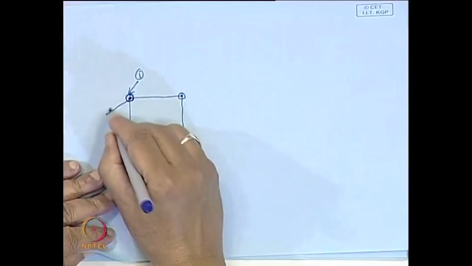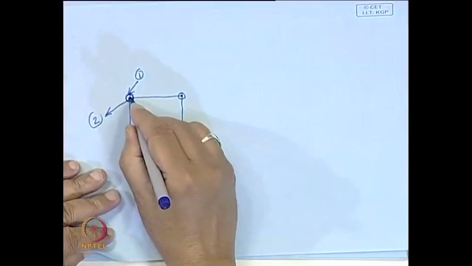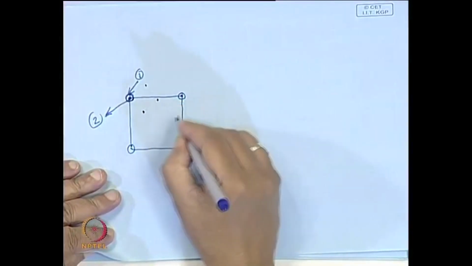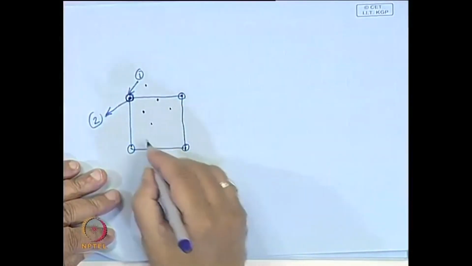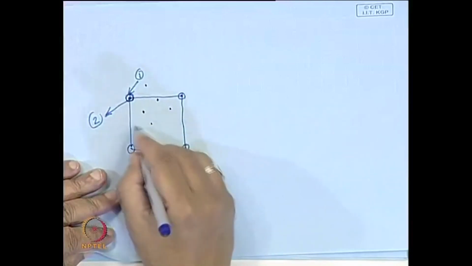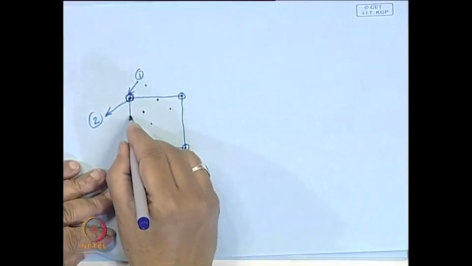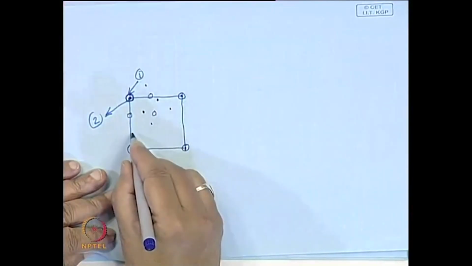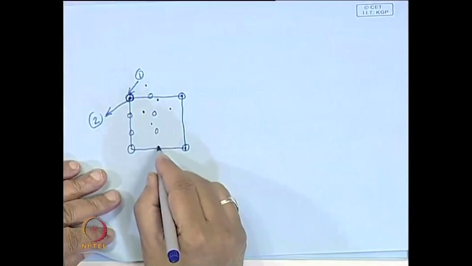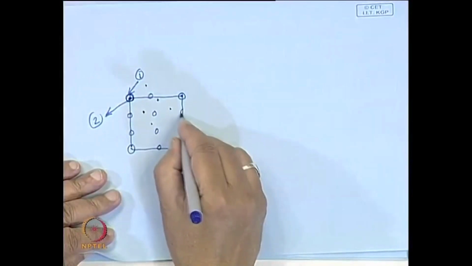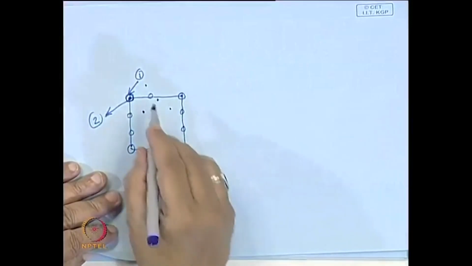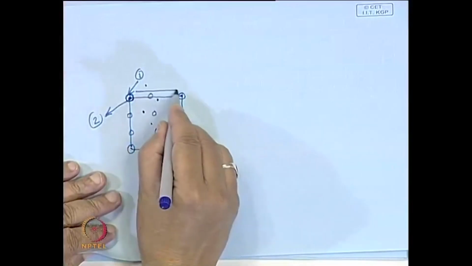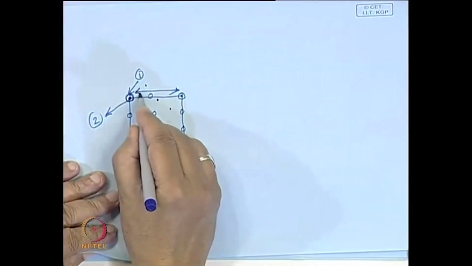This is the lattice point of the first grain, and the second grain has other points oriented like this. In that case, you can find out the dimension of this coincidence lattice.